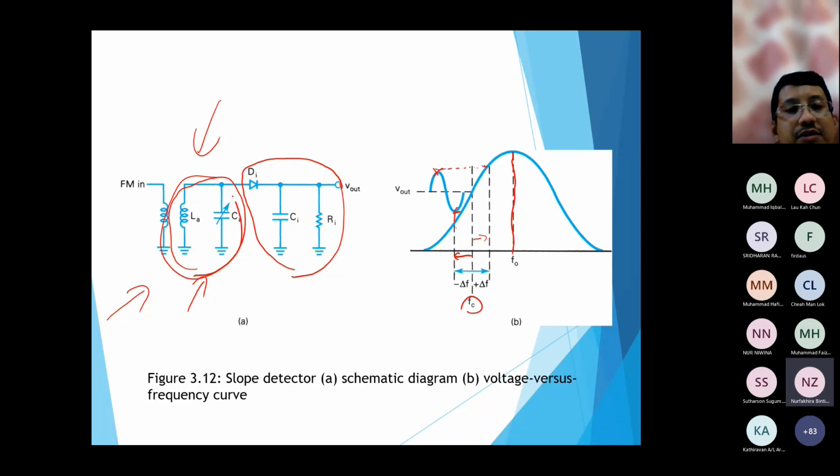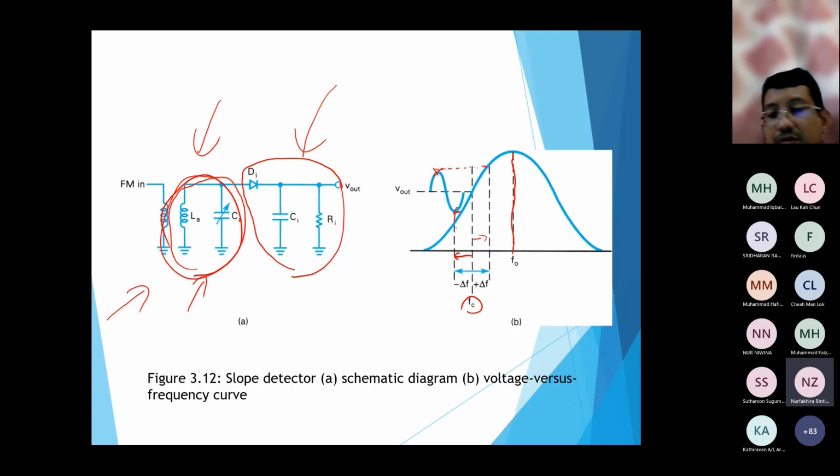So this part, the tune circuit, has converted frequency variation into amplitude variation. Now we can do demodulation using peak detector. Peak detector here is the similar demodulator part like we learned in AM.